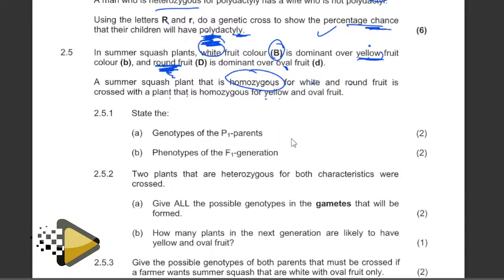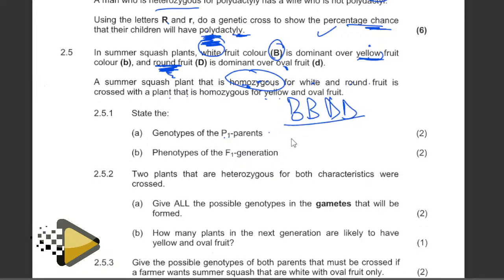Dominant crossed with recessive. Okay, give the genotype of the parents in the first generation. In this case they say white, therefore capital B because they said homozygous, and then round is capital D because they said homozygous.